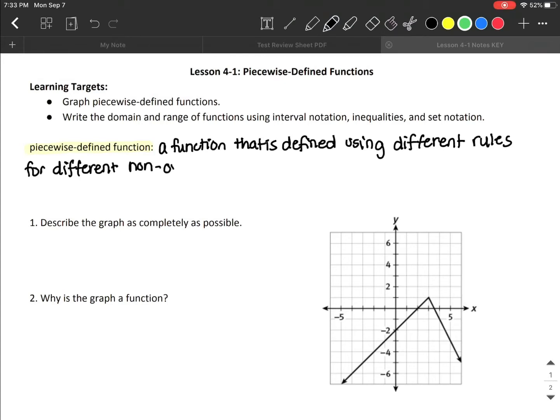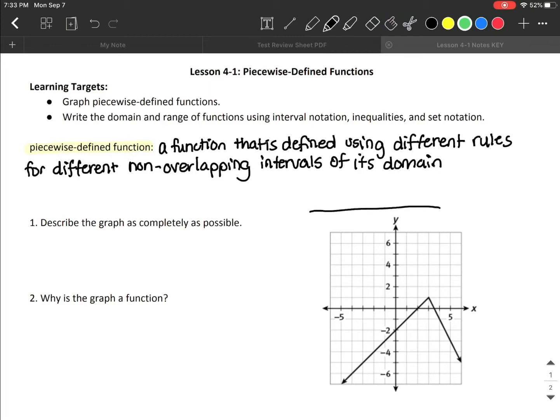The pieces can't be overlapping at all. Intervals is just a fancy way of saying ranges of x of its domain. And domain is just a fancy way of saying all the x values that are defined for this function.